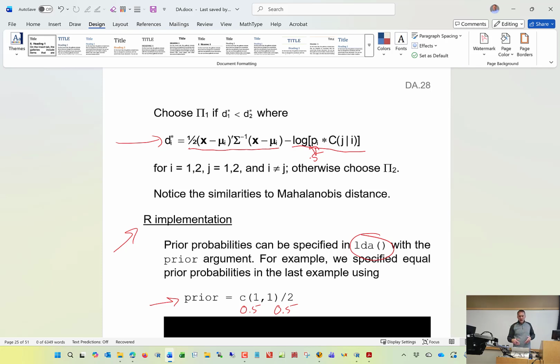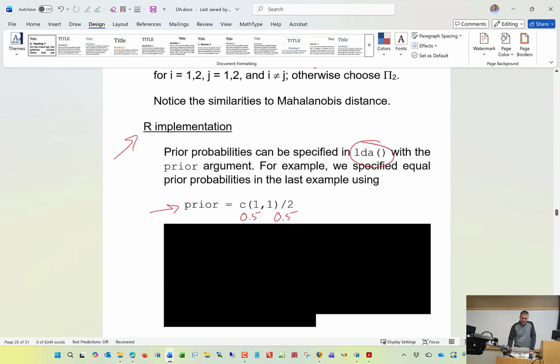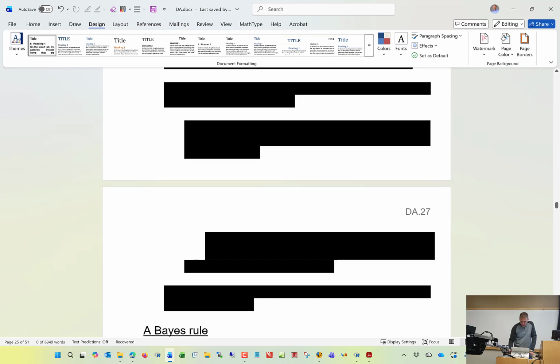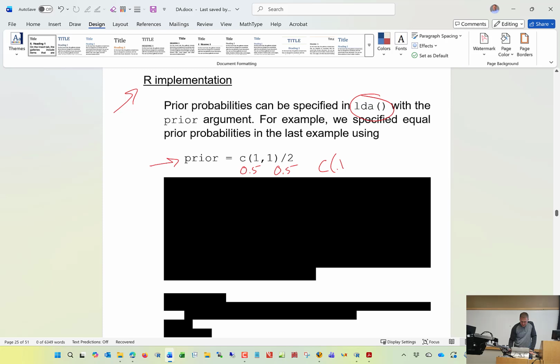That's why I never had it there to begin with. But what we could do instead is say, let's put c(0.12, 0.88). I could put that in there for the prior argument of LDA.